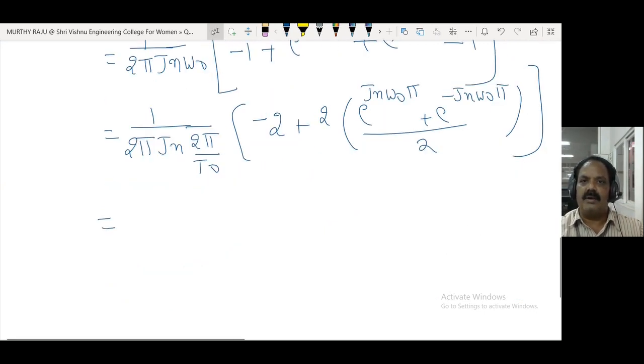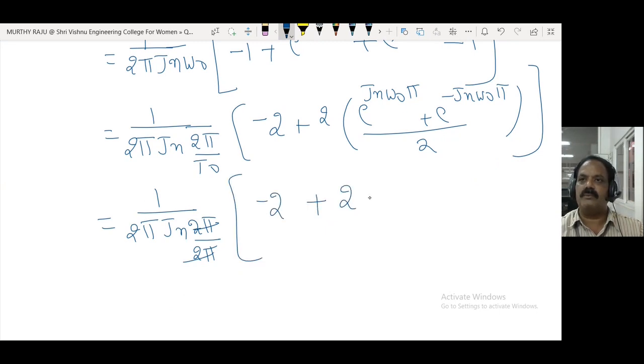Here the T0 value is 2 pi, so 2 pi is cancelled. Minus 2 plus 2 cos: e power jx plus e power minus jx by 2 is cos x. Cos x means cos n omega naught pi.